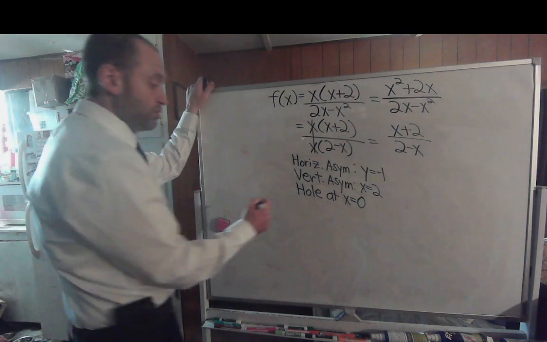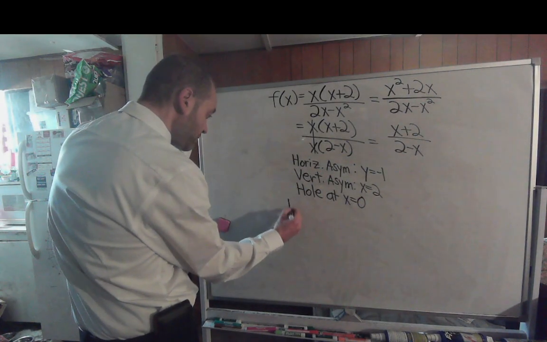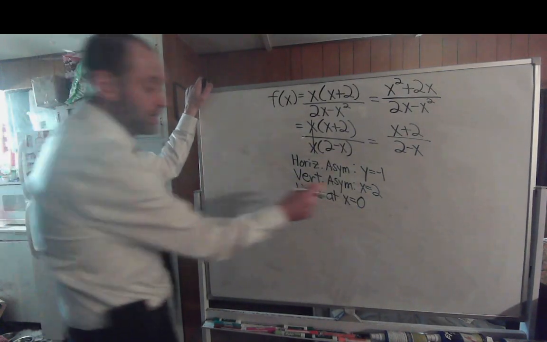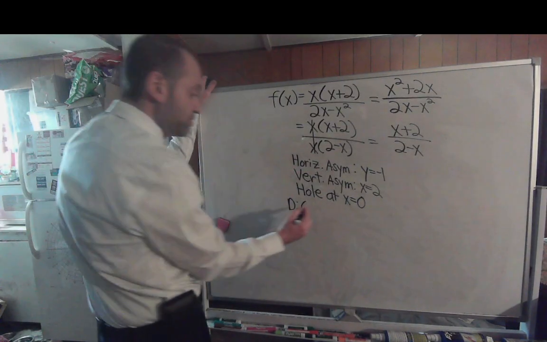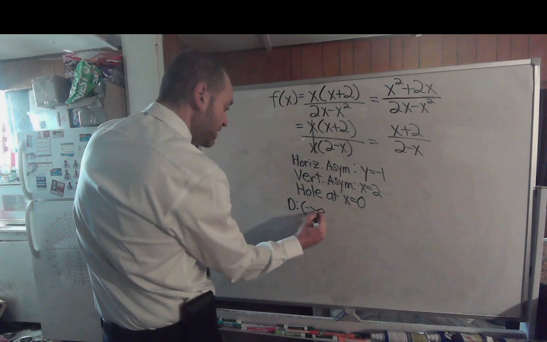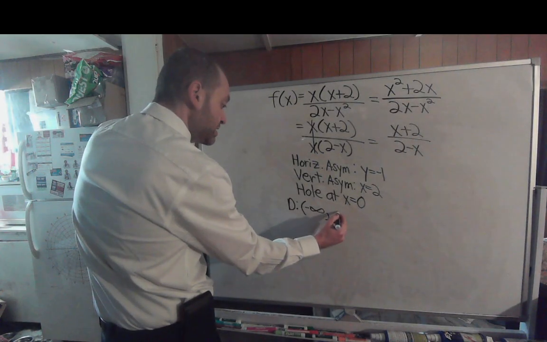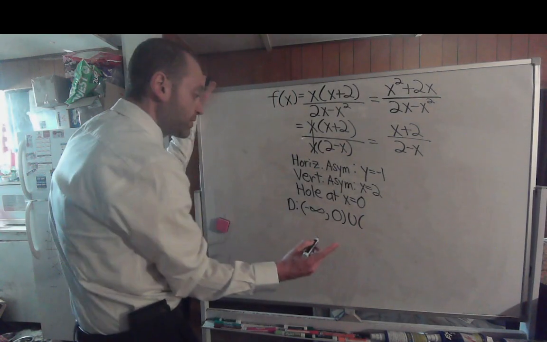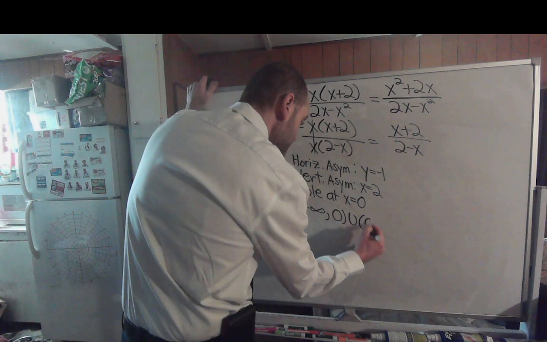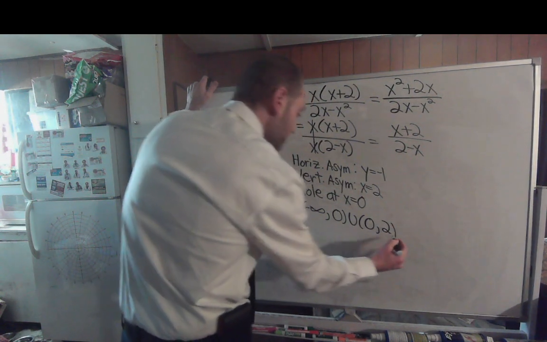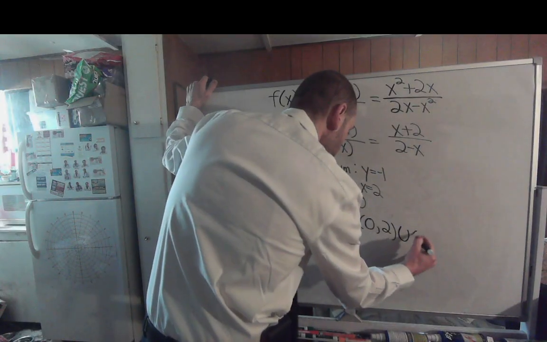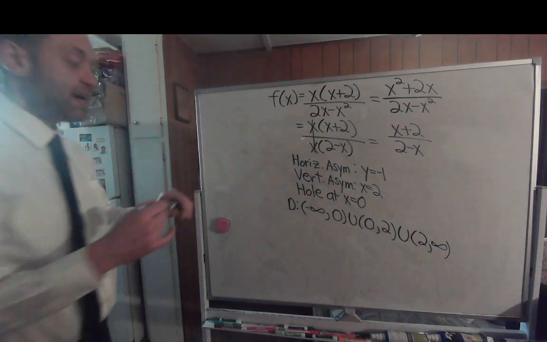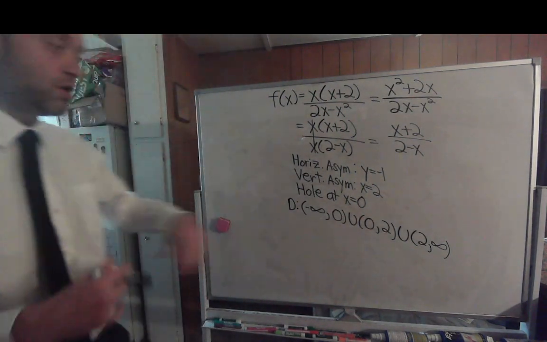So let's look at the domain. The domain, of course, we cannot allow x to equal 0 or 2, so the domain goes from negative infinity to 0 non-inclusive, in union with 0 non-inclusive to 2 non-inclusive, in union with 2 non-inclusive to infinity, only for the fact that we have a hole at x equals 0.